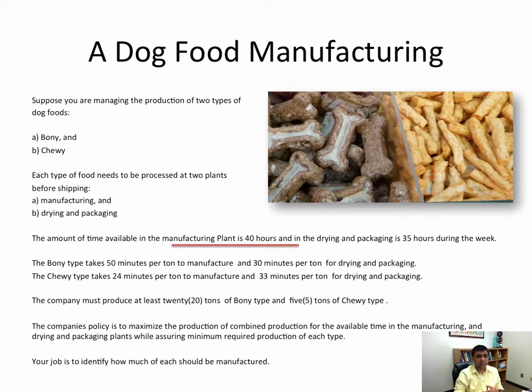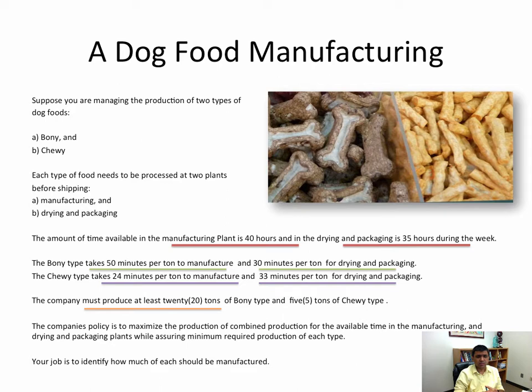We had a constraint of 40 hours for the manufacturing plant and 35 hours for drying and packaging plant overall. And then we also knew that it takes about 50 minutes per ton to manufacture the bony type and 30 minutes per ton for drying and packaging of it, and then about 24 minutes per ton to manufacture the chewy type and 33 minutes per ton of drying and packaging.